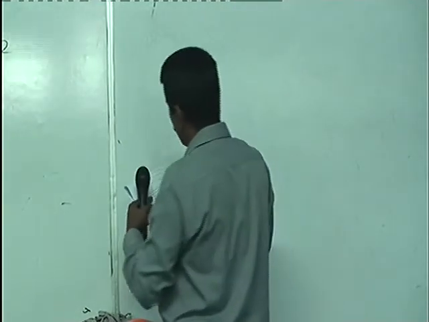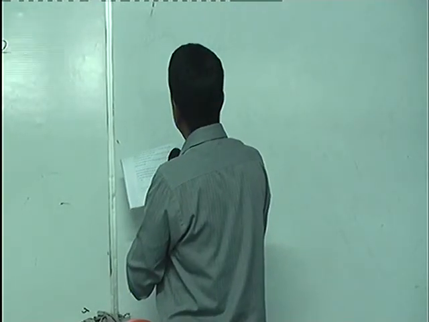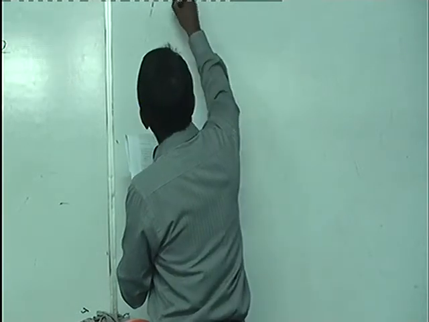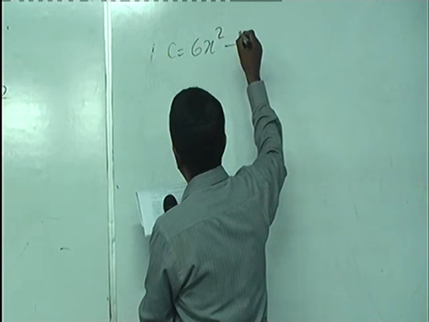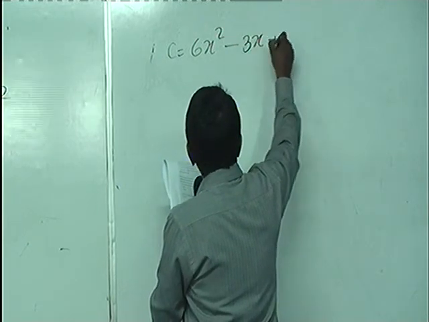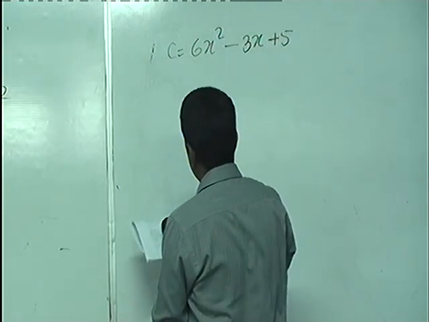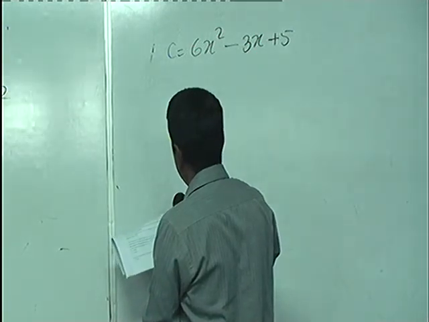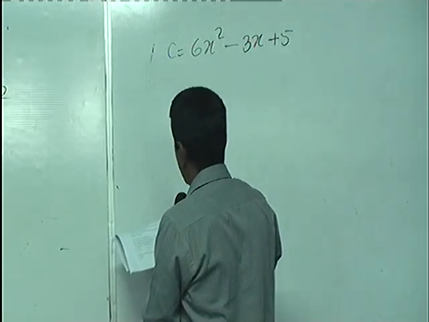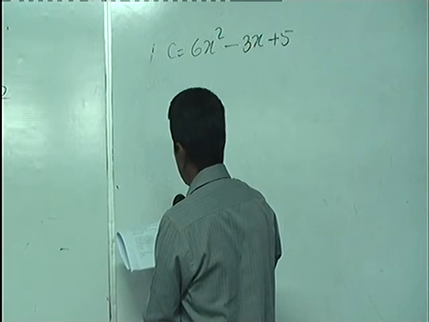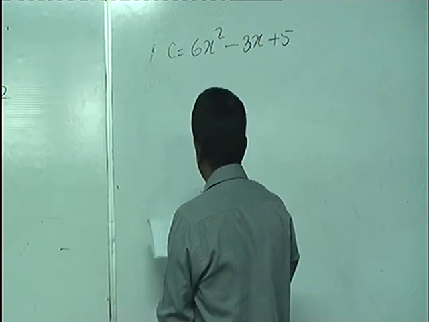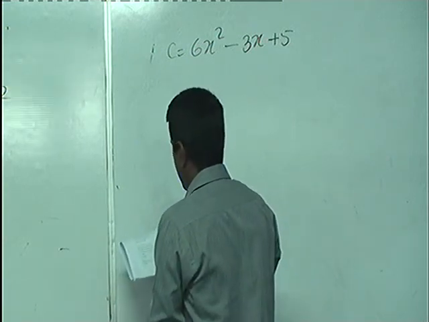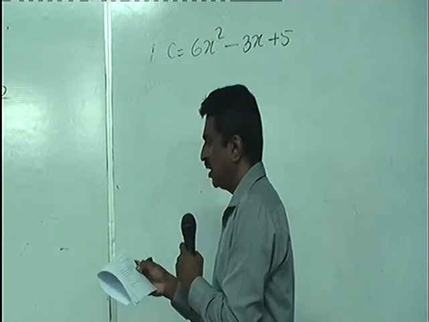The cost function is C equals 6x squared minus 3x plus 5, where C is the cost per week and X is the number of units produced, measured in thousands. State whether the following statements are true or false.